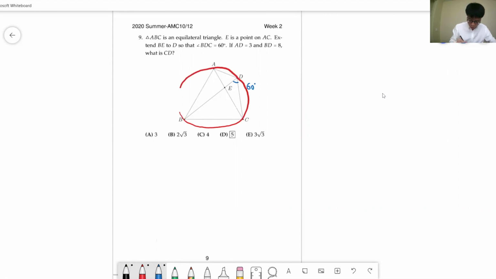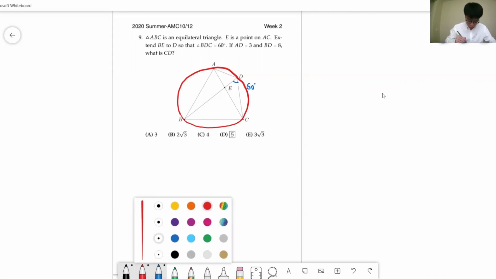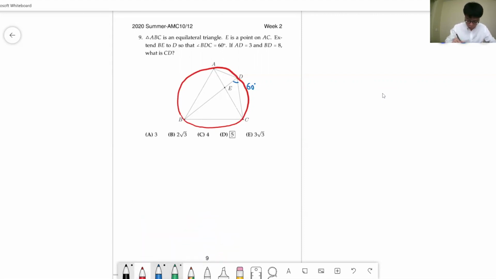They're all on this circle. Now we see that ADB is also 60 degrees because ADB equals angle ACB. So let me mark here, this is also 60 degrees.